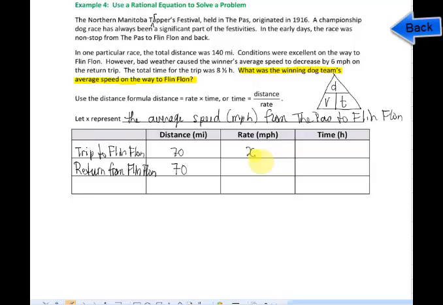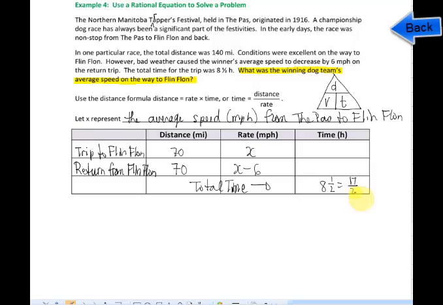We know the return trip was slower because the weather was bad. So the speed was decreased by 6 miles per hour, so we're going to write x minus 6. And we don't know what the time is except to say that the total time is 8.5 hours, and we're going to write that as 17 over 2.